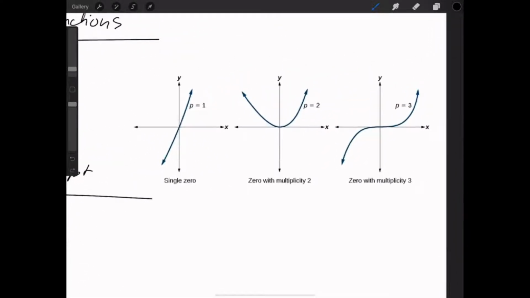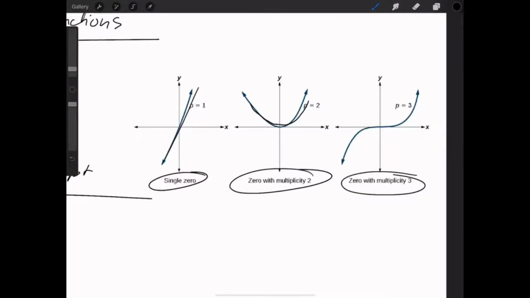So, a 0 with a multiplicity of 1 will allow the function to go straight through the intercept. A 0 with a multiplicity of 2 will cause the function to bounce off the intercept, and a 0 with a multiplicity of 3 will allow the function to go through the intercept, but at somewhat of a curve.